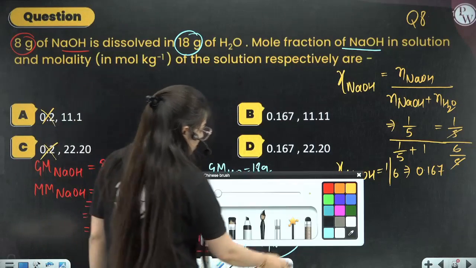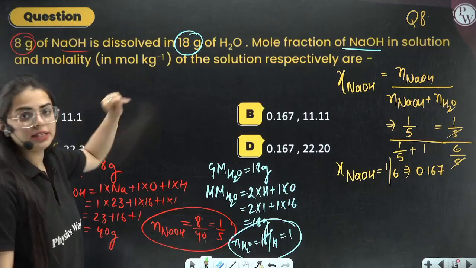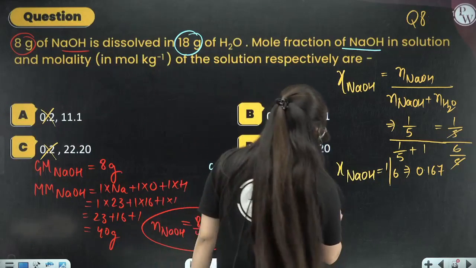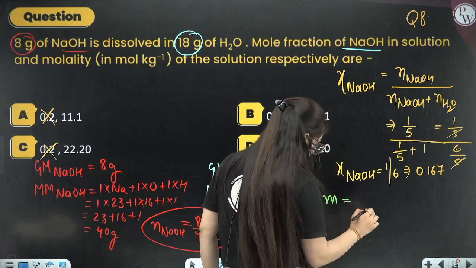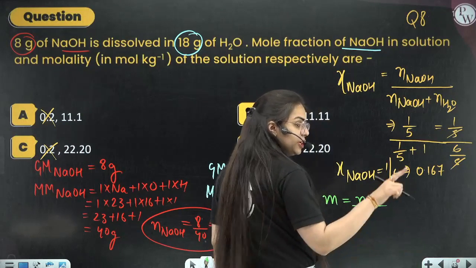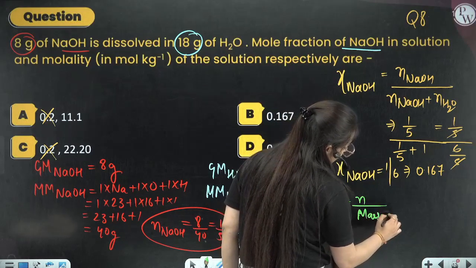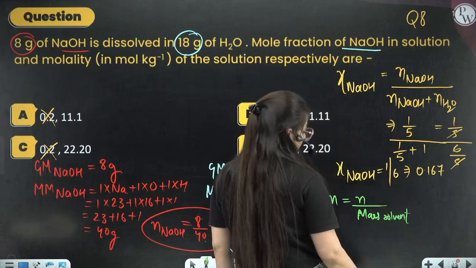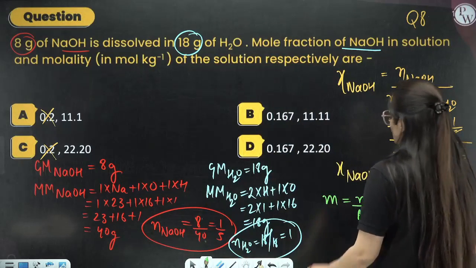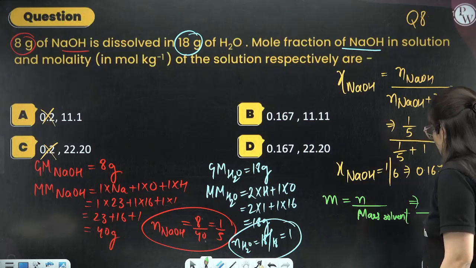Now comes the second part. They are asking you to calculate molality. Molality is represented by small m. The formula for molality is the number of moles of solute divided by the mass of solvent in kg. Number of moles of solute, that is NaOH, is 1 by 5, divided by the mass of solvent.